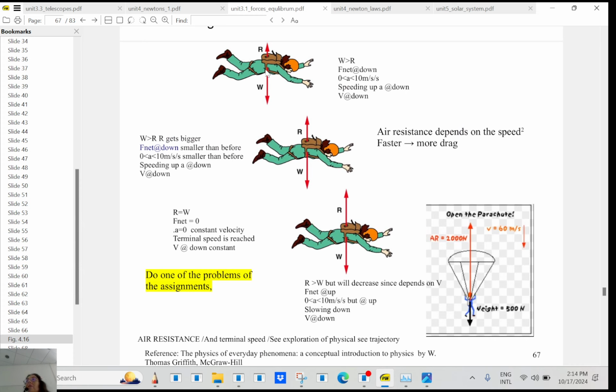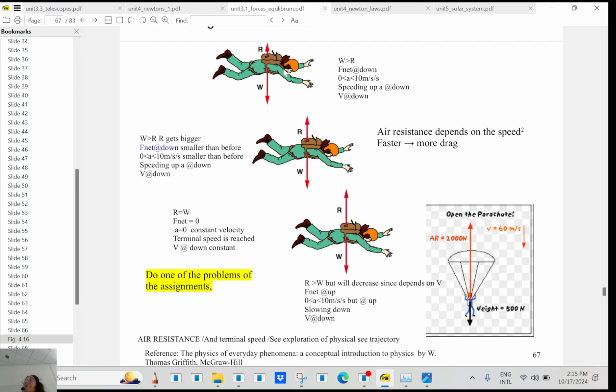Dealing with the acceleration, what matters is the net force. The acceleration will always be in the same direction as the net force. For example, she jumped from an airplane and air resistance started to build up.